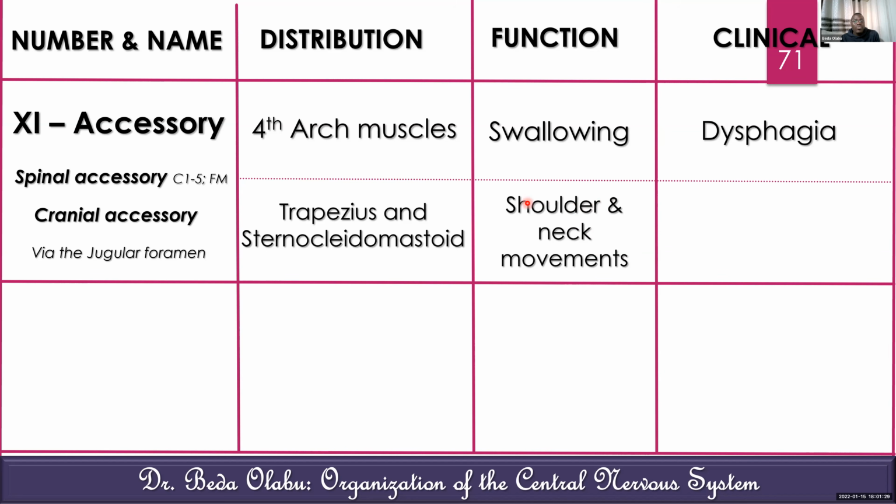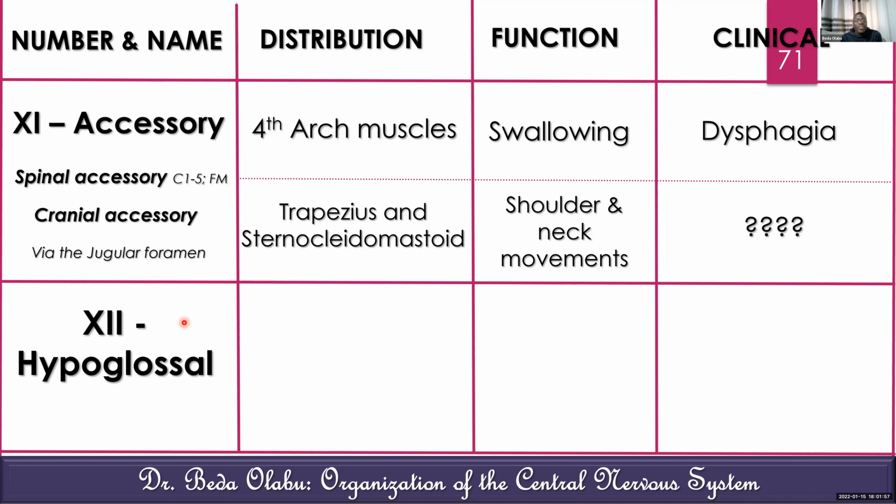Trapezius particularly moves the shoulders up, among other functions, it elevates the shoulder. The sternocleidomastoid helps in rotating the neck. And so if you injure the spinal accessory nerve, these muscles are paralyzed, then there'll be difficulty in those movements. Now figure out what will be happening.